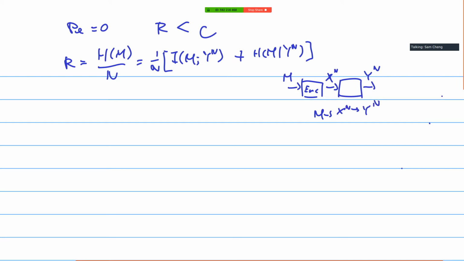By the data processing inequality, the mutual information between M and Y^n is less than or equal to the mutual information between X^n and Y^n. Therefore this is less than or equal to 1 over n I(X^n;Y^n) plus H(M given Y^n).